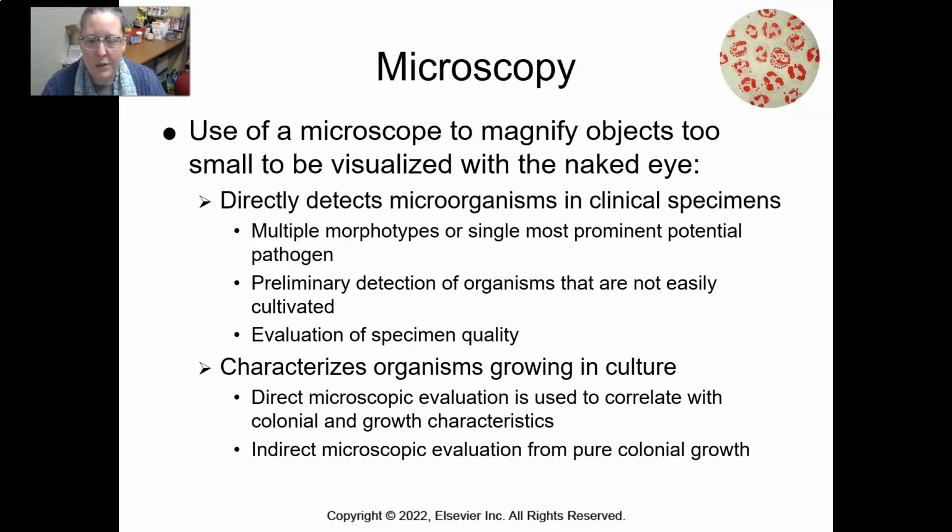So that is called an indirect specimen, or an indirect microscopic evaluation, and it's done again from the growth plate, from the blood culture, or whatever you've got growing.